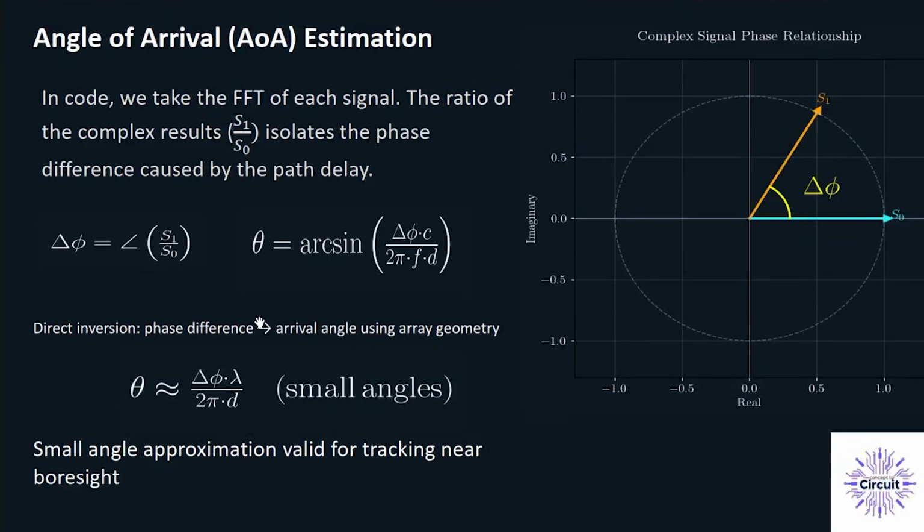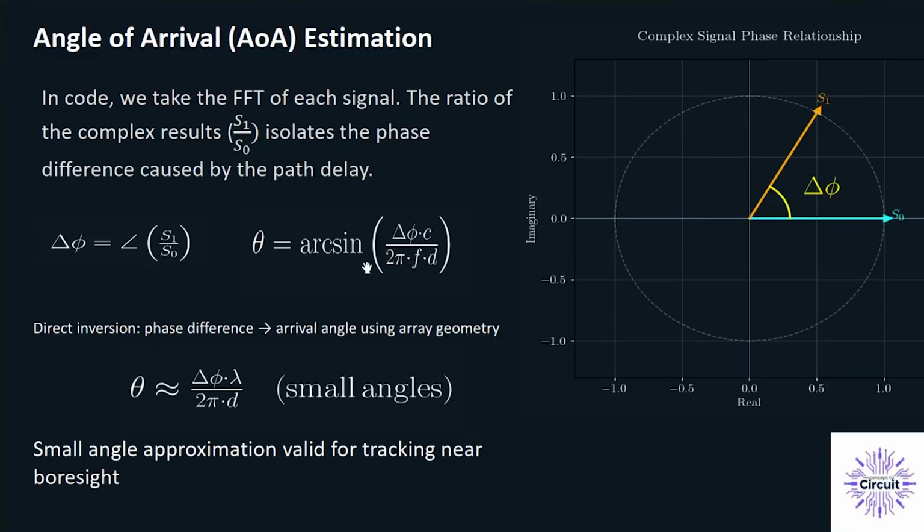Also, you can do more approximation: if the angle of arrival is very small, the delta phi is very small, and you can approximate sine or its inverse by its argument.